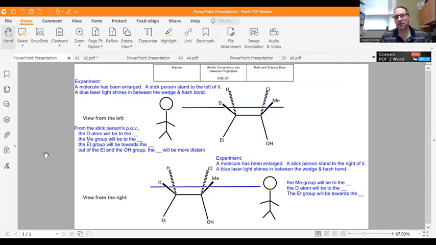A stick person stands to the left of it, and the stick person has a laser pointer, and they can shine it in between the wedge bond, which is more toward the front, and the hash bond, which is more toward the back. Please note that you can see the black color of the wedge in front of the blue laser, and the blue laser in front of the hash. Take note of that layering: wedge in front, then laser, then hash.